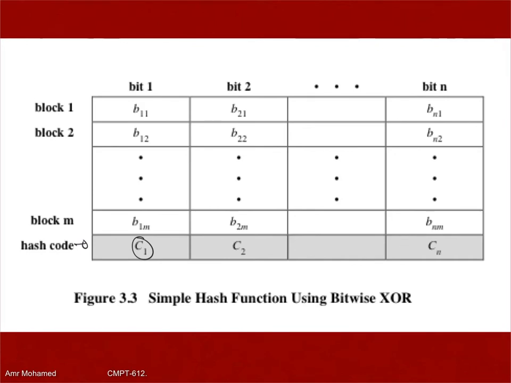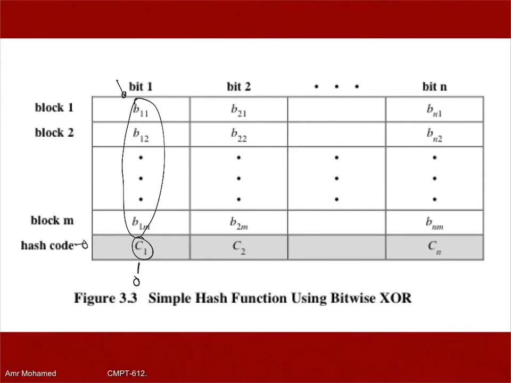N bits could be like 32 bits or something. So all I need to do is just stack up all the 32-bit words on top of each other, and for each column I just do XORing. Which means that if the number of ones here is odd, the value here will be 1. If the number of ones is even, the value here will be 0. And I will do this on all the columns like this. That's one way of hashing.